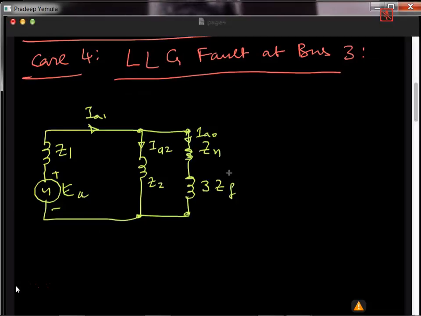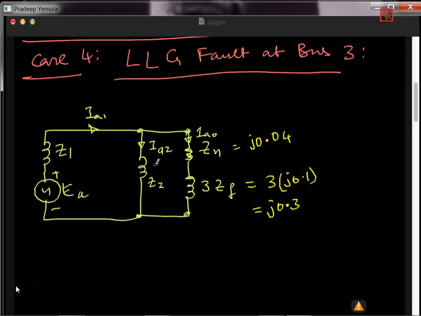So what are the values? 3 into Z fault is 3 into j0.1, that is j0.3. Neutral impedance is j0.4. Z2 is j0.22, this is j0.22, and finally this is 1.0.